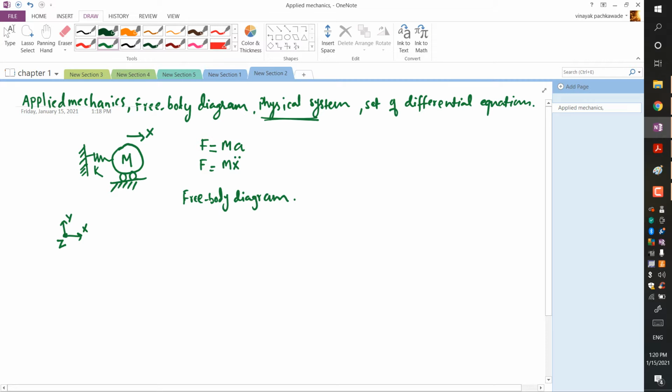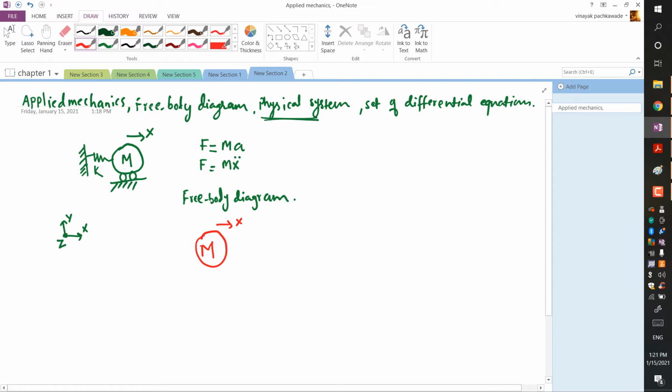Basically, we are trying to investigate the active forces in this physical system. We see that this object with a mass m is moving in the x direction, and it is assumed that it cannot move in the y or z direction.